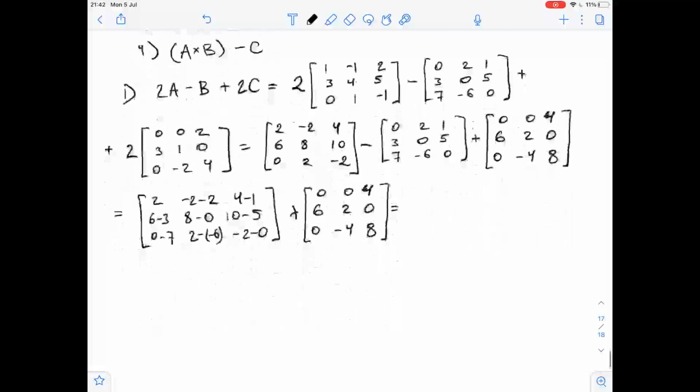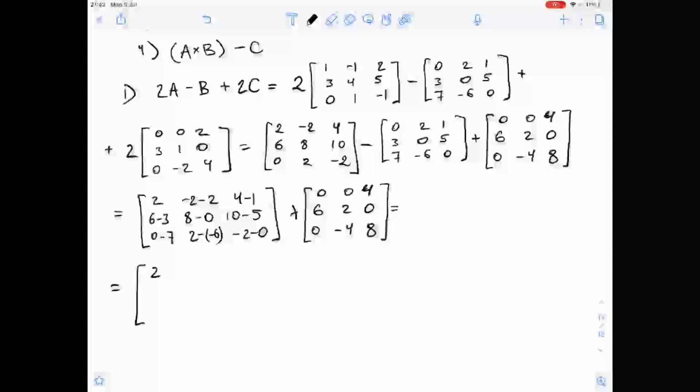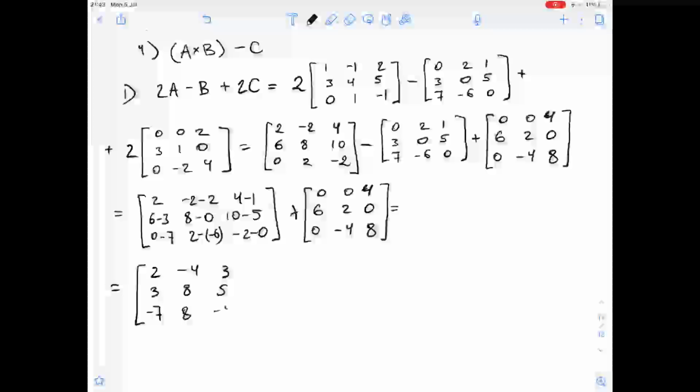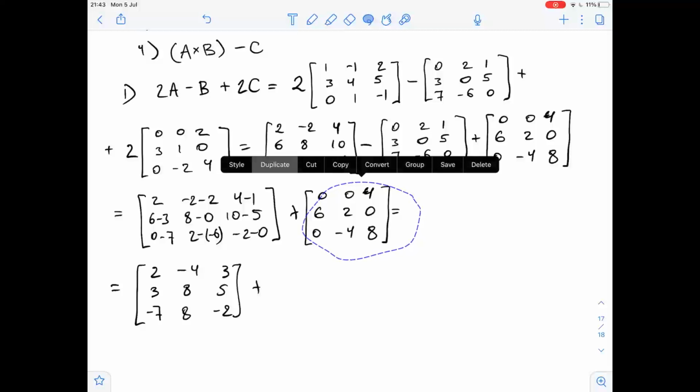Let's do the calculations with the first part. So here we have 2, negative 4, 3, 3, 8, 5, negative 7, 8, negative 2, plus this.